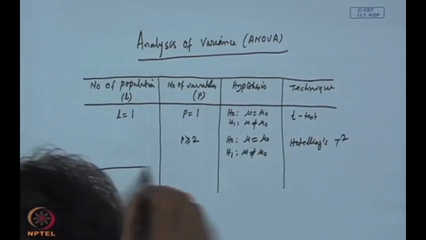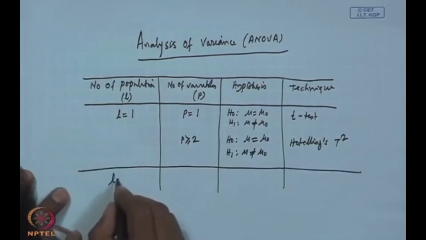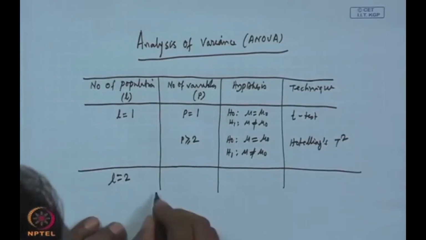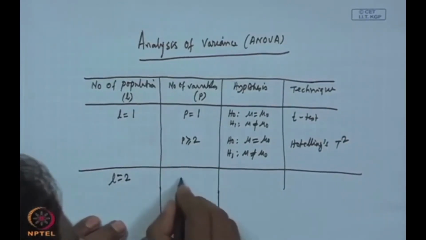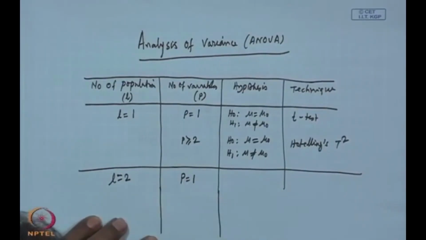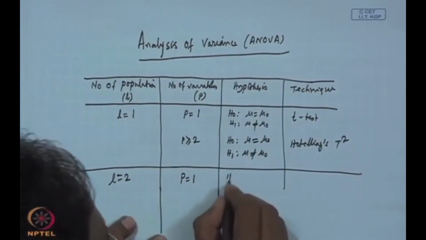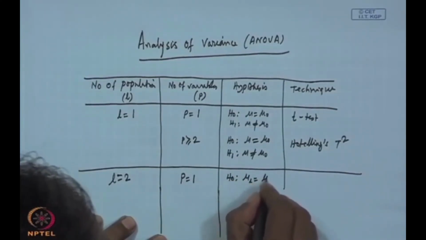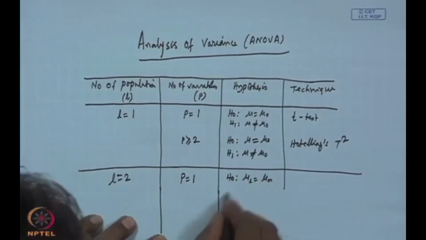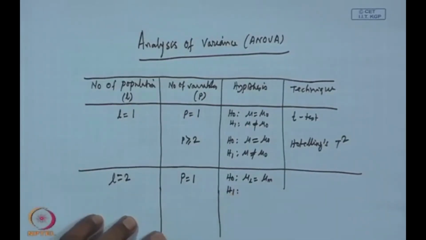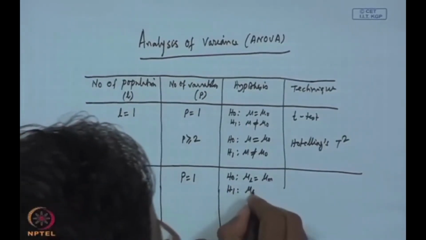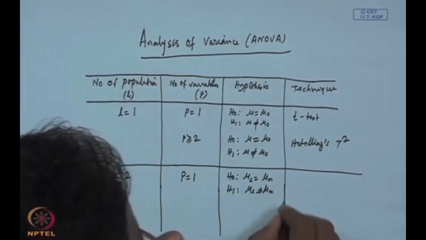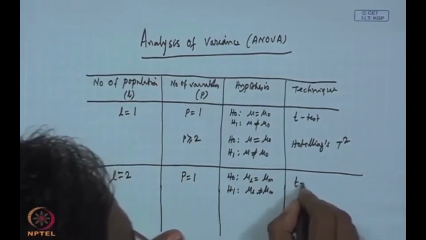Now, the second issue we discussed is the L equal to 2 population case. Under this we have already discussed the P equal to 1 case, and there our hypothesis was mu L equal to mu m, and the alternative hypothesis we framed as mu L not equal to mu m for at least one pair, and we used the t test.